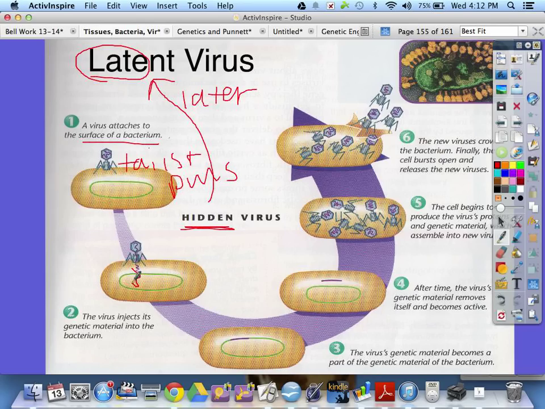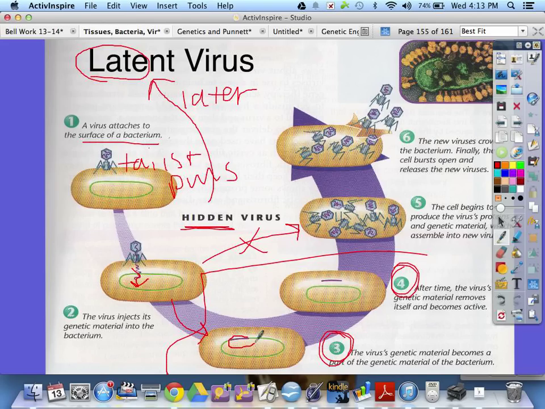It injects its DNA. Now this is the part that's different, right here and right here. These are your key parts. So now, instead of just immediately going over here, that doesn't happen. It goes down to number 3, where the actual viral DNA becomes a part of the bacteria's DNA.